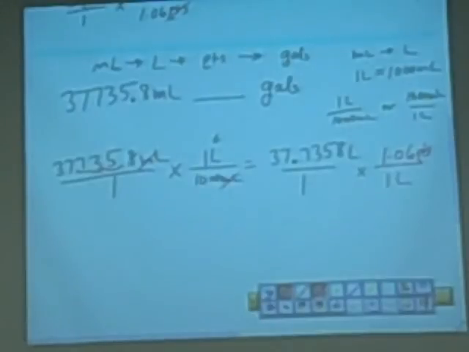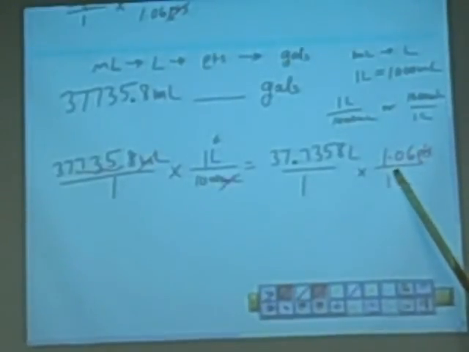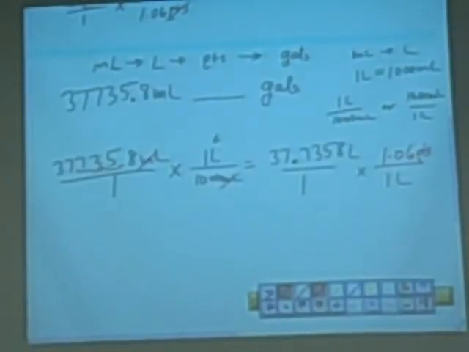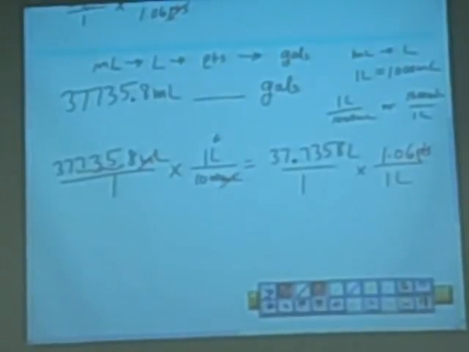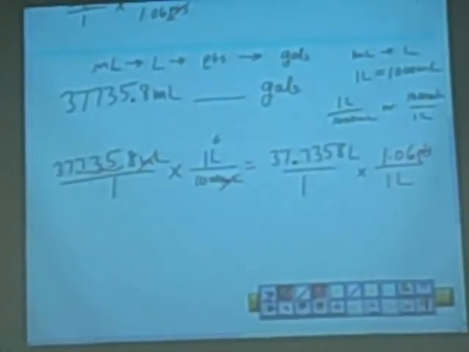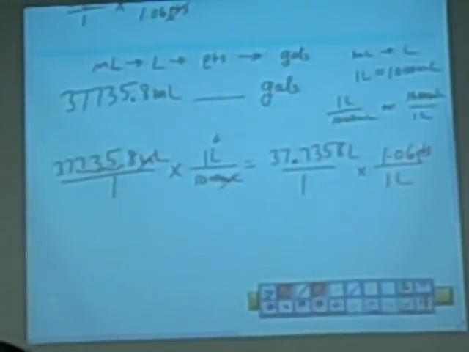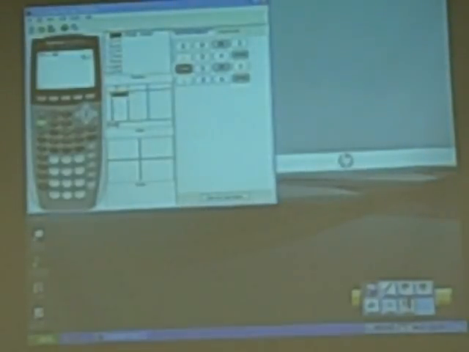So now, are we going to multiply or divide? Multiply, because it's in the numerator. But we can't just move the decimal point over because we have that 0.06 there. So we've got to put in 37.7358.